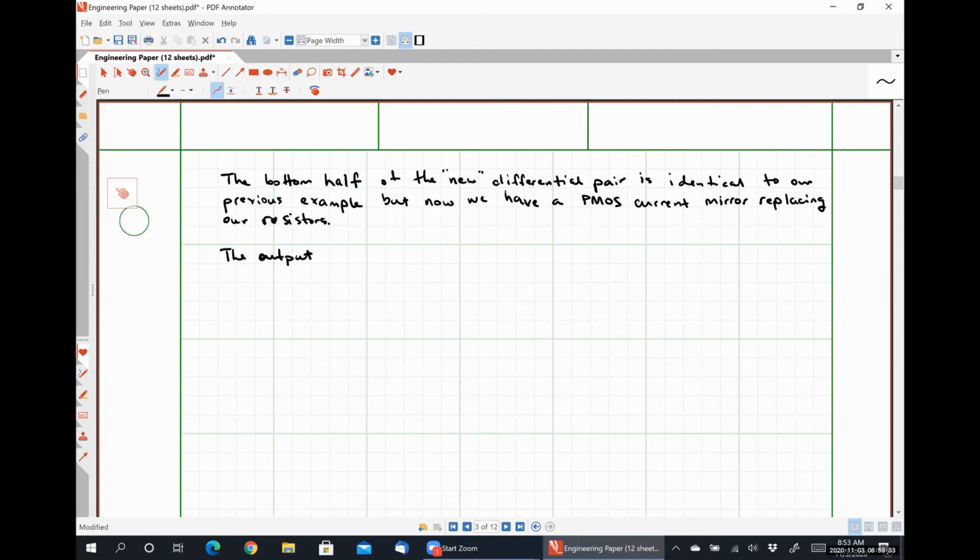The output voltage of this circuit is dependent on the current supplied by the PMOS current mirror.